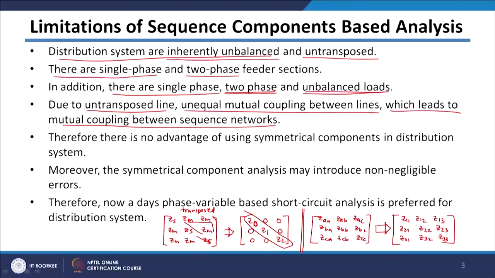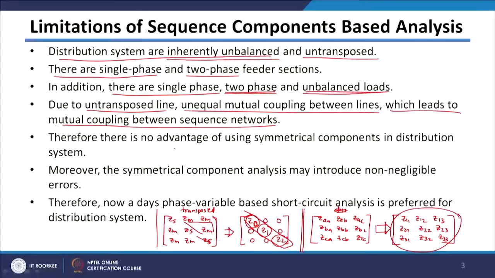There is coupling between the sequence networks themselves. The advantage we get in transmission systems is that the sequence networks are decoupled, and you can easily connect them to find the fault current because there is no mutual coupling between the impedances of the networks. However, in distribution systems, which are untransposed, these impedances in the sequence networks are coupled with each other.